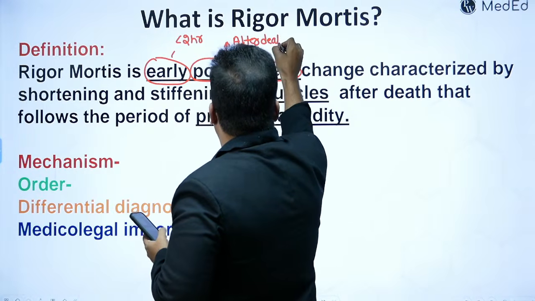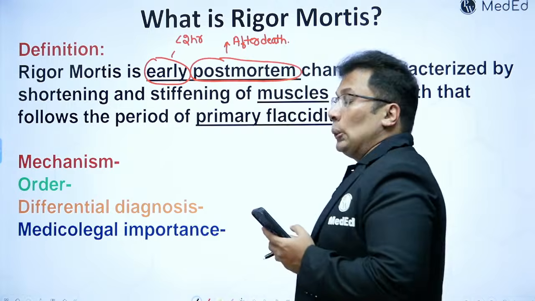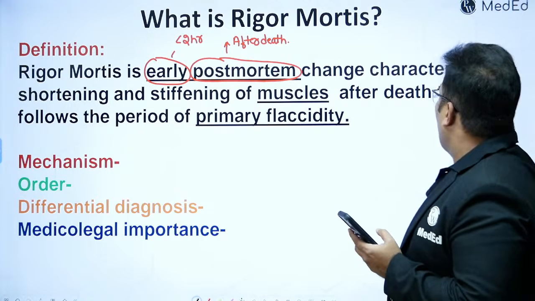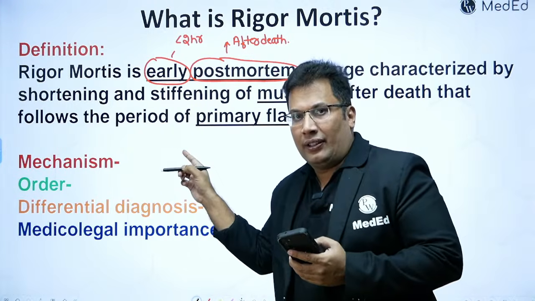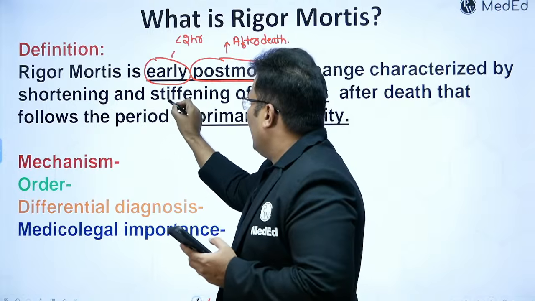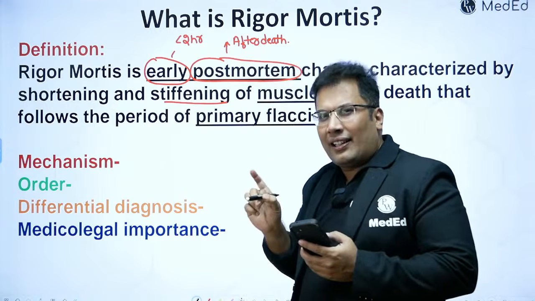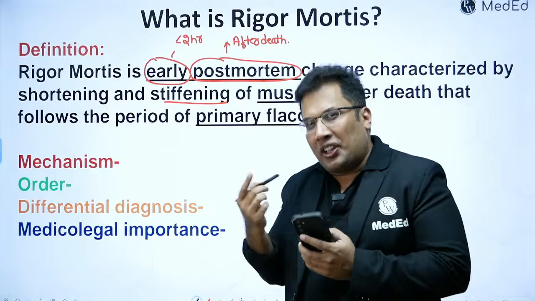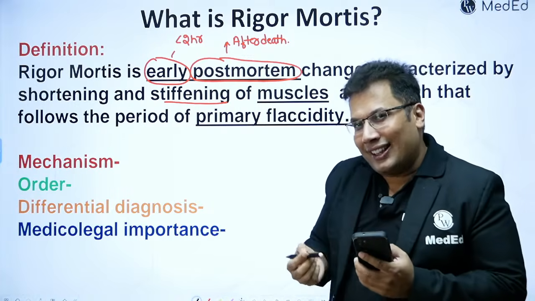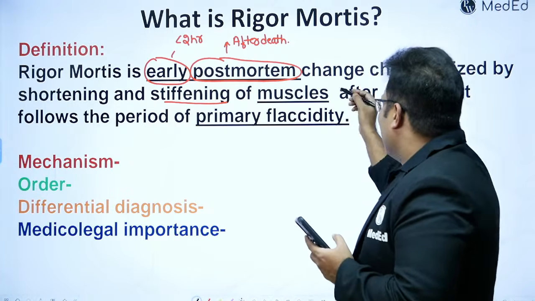Point number 2, very important: it is characterized by shortening and stiffening. In general, basically stiffening, not the shortening, of the muscles and joints.